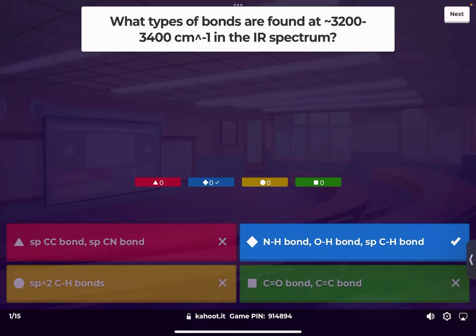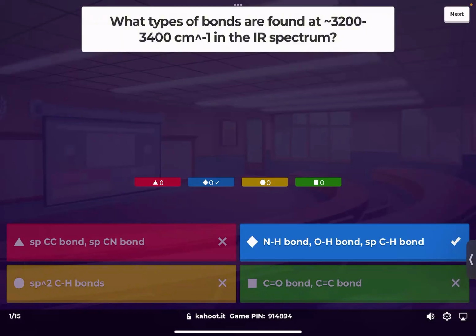Is the 3200 to 3400 peak to the left or right of that? The left. So left, there's so much craziness going on there. That's going to be the amines, alcohols, and the sharp sp carbon hydrogen bond. It didn't include the sp2 carbon hydrogen because that's closer to 3000, around 3100.